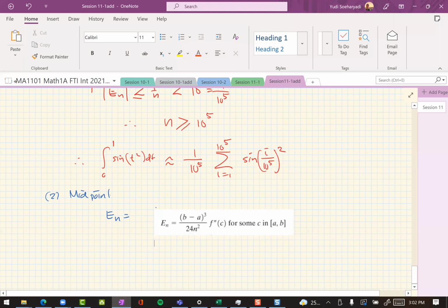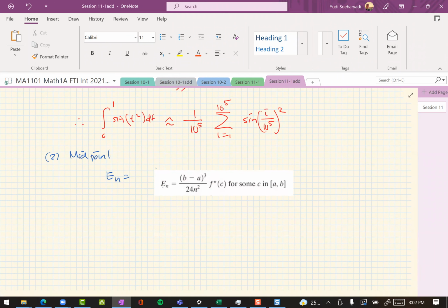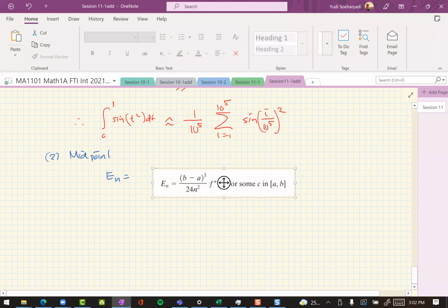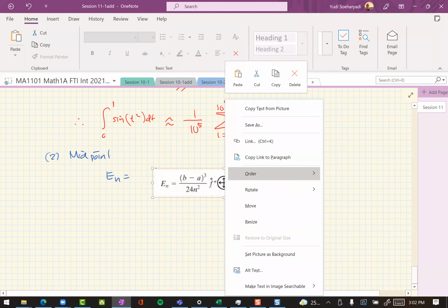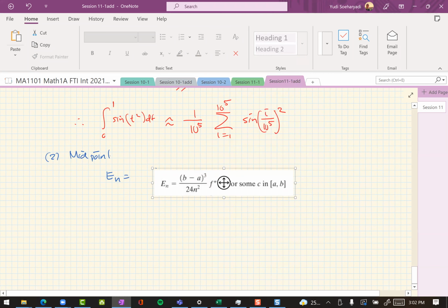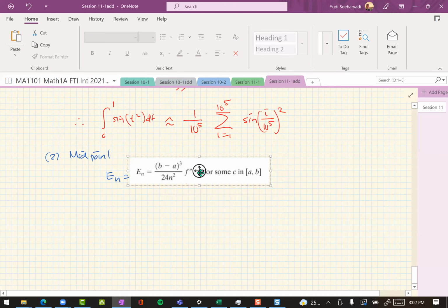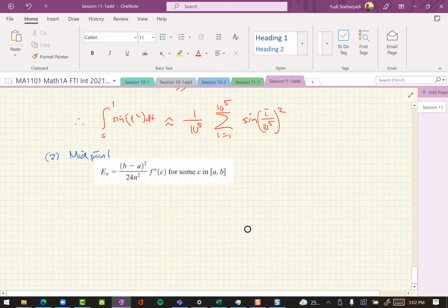So what we have is this formula. Okay, we need a second derivative. So we compute the second derivative, f double prime of c.